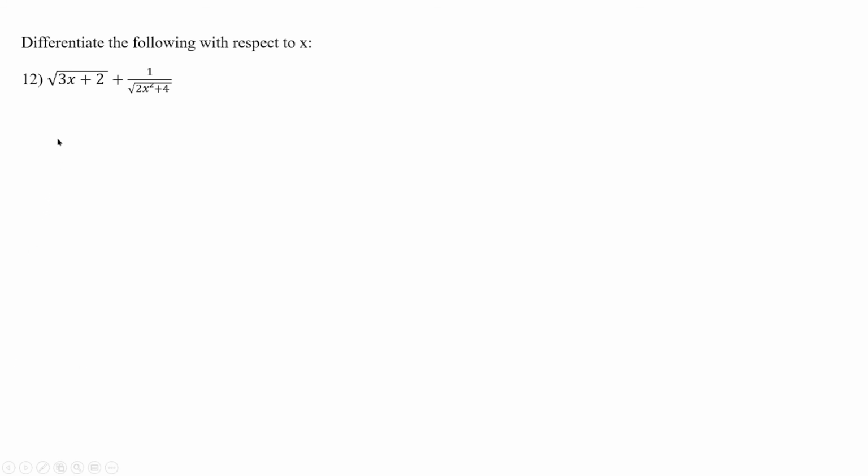Next question. Root of 3x plus 2 plus 1 by root of 2x square plus 4. Now let us try to do it directly using chain rule. Let f of x is equal to root of 3x plus 2 plus 1 by root of 2x square plus 4.